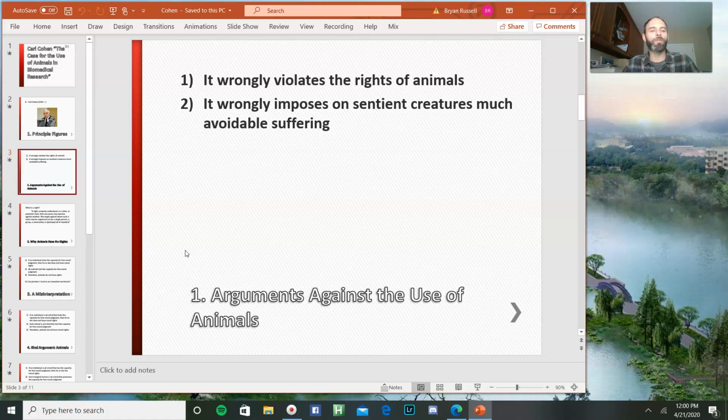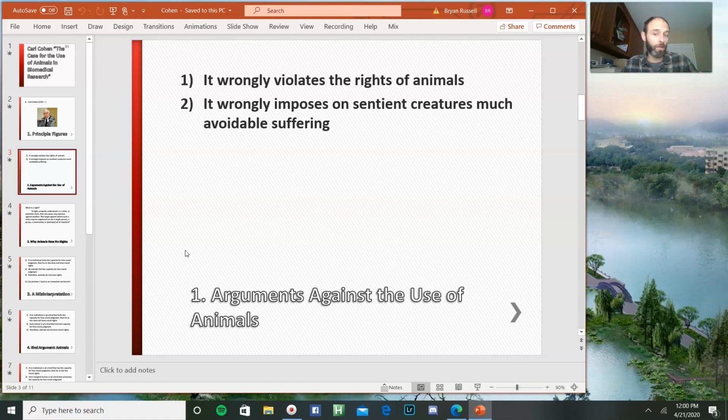And he's going to argue against the claim that it wrongly imposes on sentient creatures much avoidable suffering. He's going to say it does impose on them suffering, but it's better that it's imposed on them than human beings.